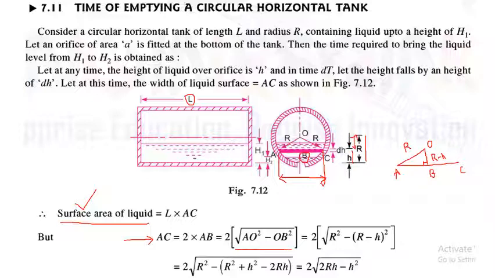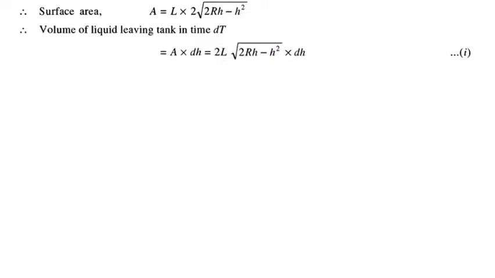So clearly OB is R minus H. Expanding this, we finally get AC equal to 2 into square root of 2RH minus H square. So the surface area is L into AC, that is 2L into square root of 2RH minus H square.